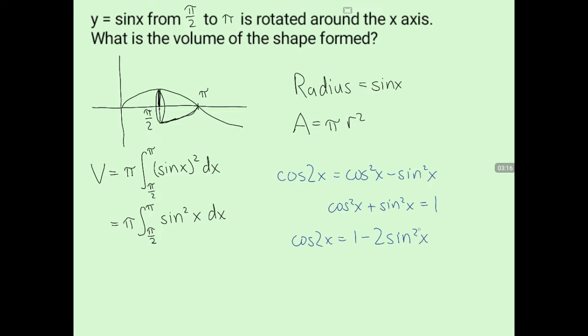And now if we solve for sine squared x, what we are going to get is sine squared x equals 1/2 times (1 minus cosine 2x). So now we can plug this in for sine squared x.